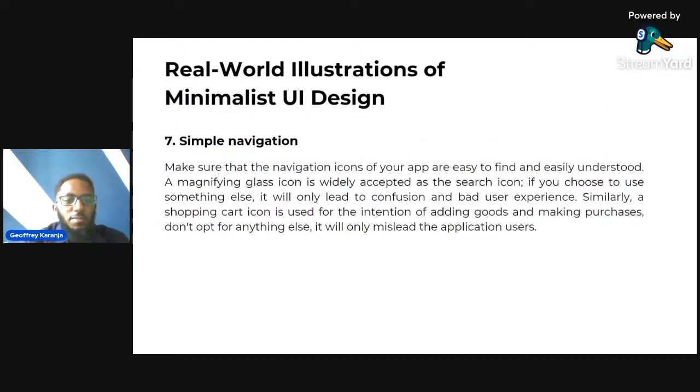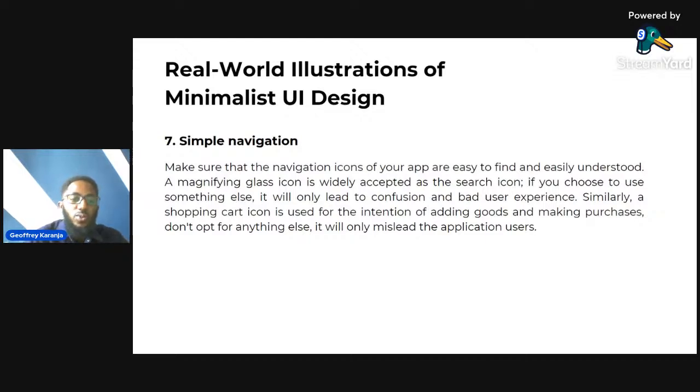The next thing is simple navigation. While creating an app, make it simple to navigate. Make sure that the navigation icons on your app are easy to find and easily understood. A magnifying glass icon is the only accepted search icon.